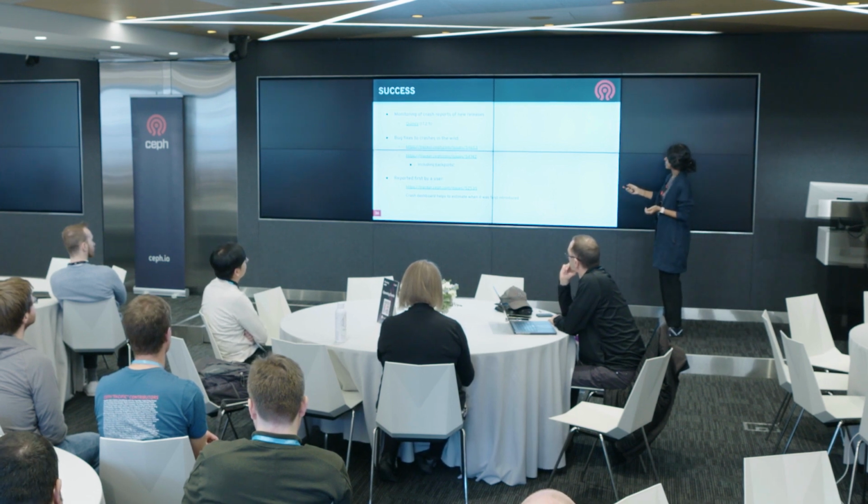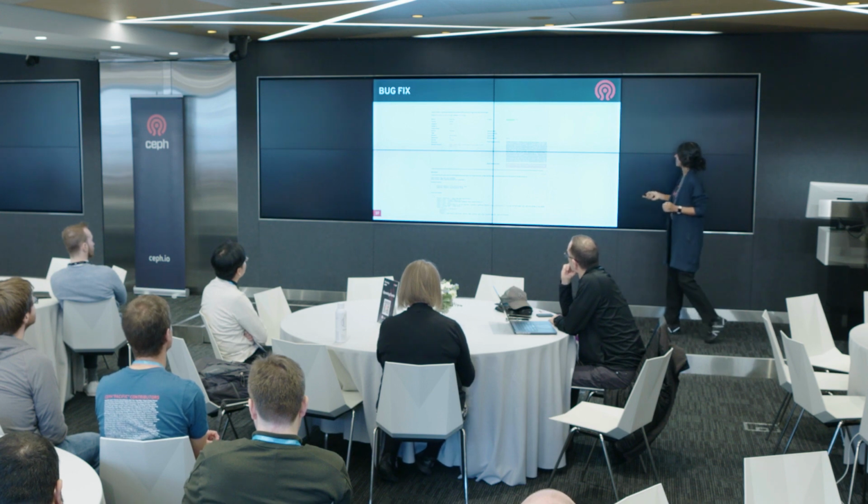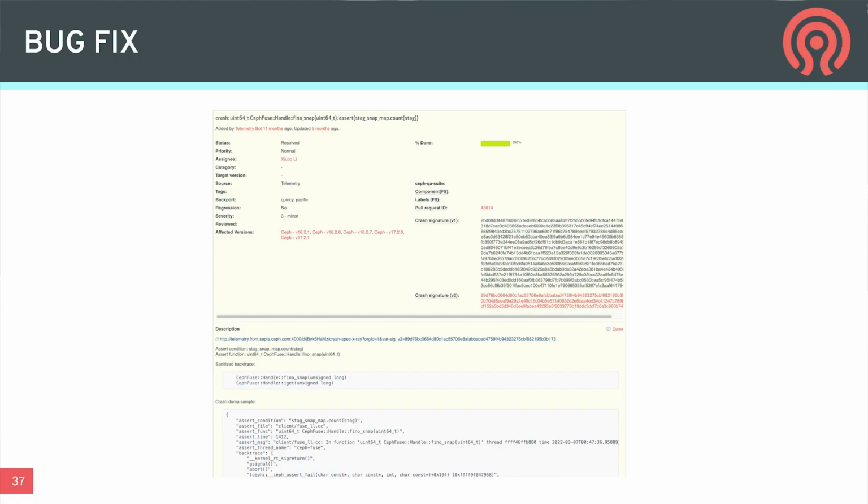This is an example of a tracker that was opened by the telemetry bot. You can see that it populates the tracker with all the signatures that are relevant for this issue and all the affected versions.